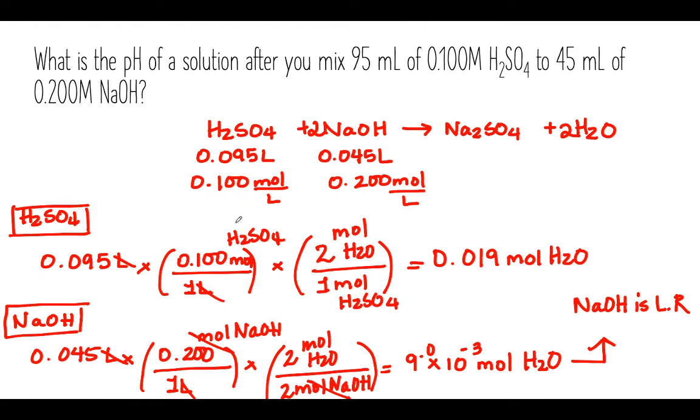So amount of H2SO4 left over. Okay, so if I have to find the moles of H2SO4 left over, I have to first figure out how much H2SO4 I had available, right?